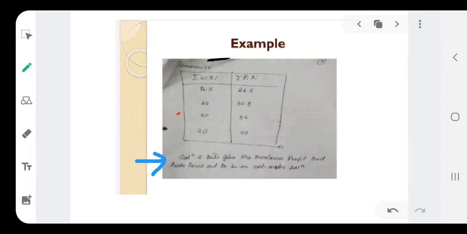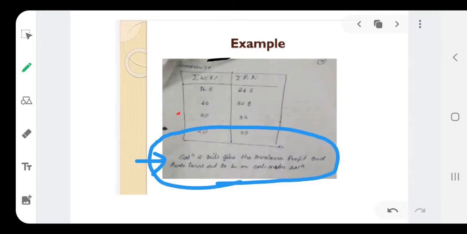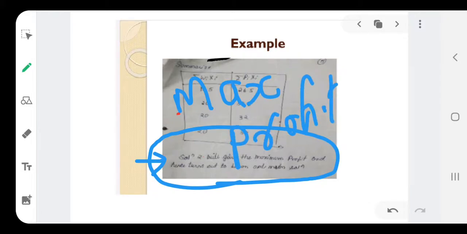Solution 2 will give the maximum profit, hence it turned out to be the optimum solution among all the solutions. So the purpose is solved.